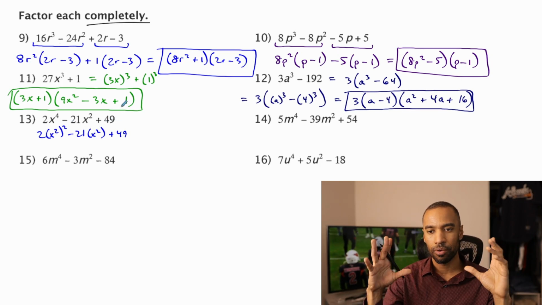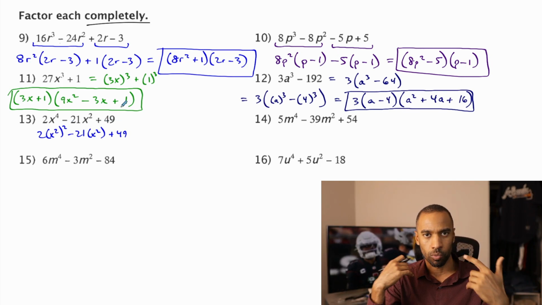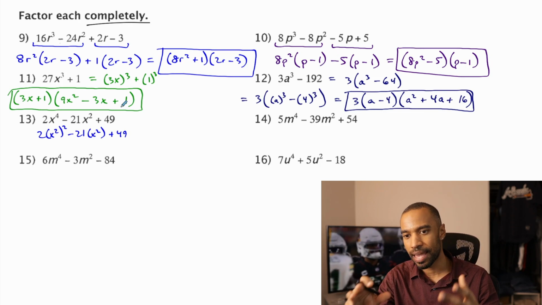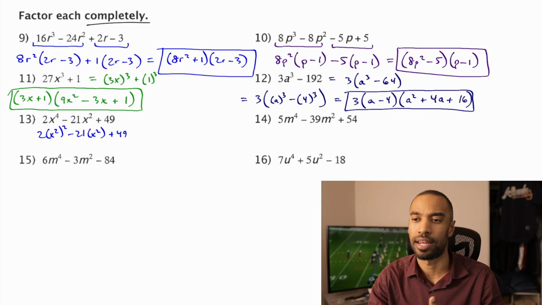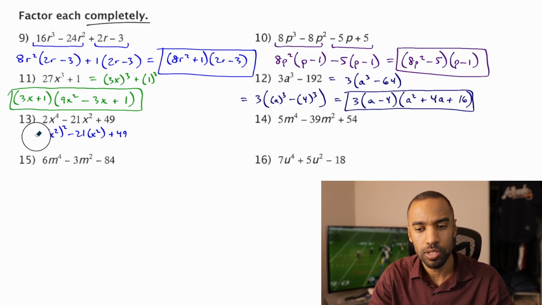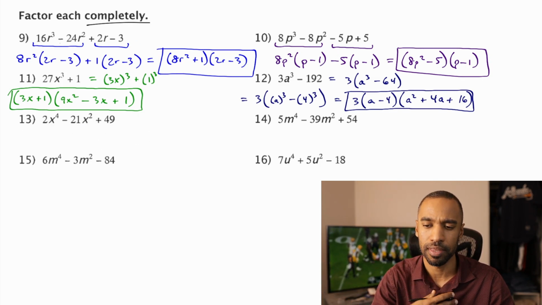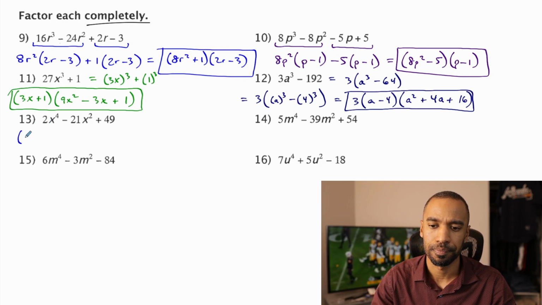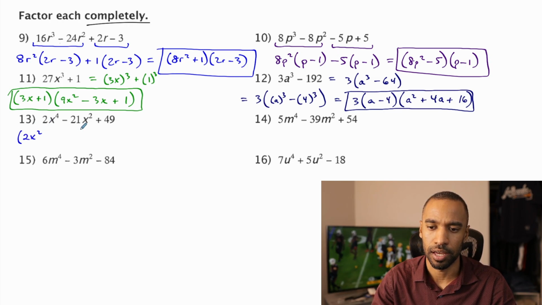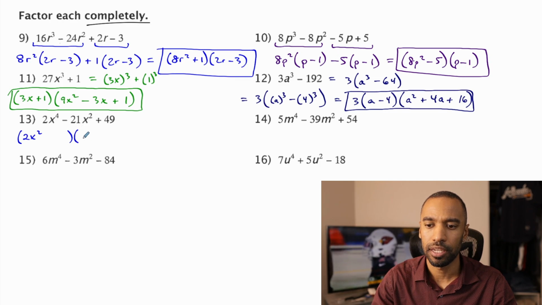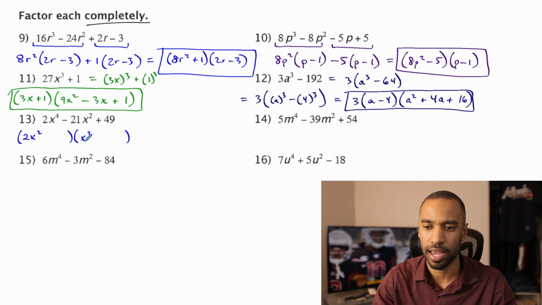We can still break it down into a binomial times a binomial, but instead of having an x and an x, it'll be an x squared and an x squared. Sometimes we use U substitution. We've brought that up before. I'm skipping past that now, something that I do in calculus, given the kinds of problems we're doing here. But here's what I know. I know this will be some sort of x squared times x squared.